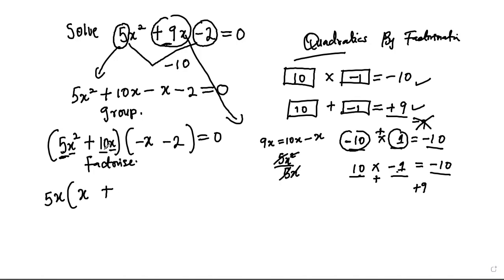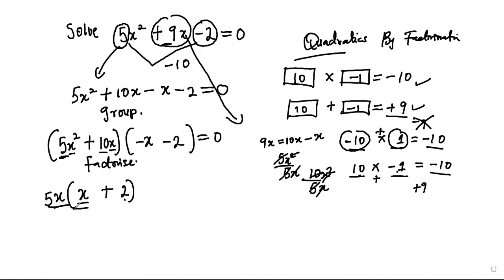Then plus, if 10x is divided by 5x, your result will be 2, right? So you got 2 right here, as 5x times x is 5x squared and 5x times 2 is 10x.